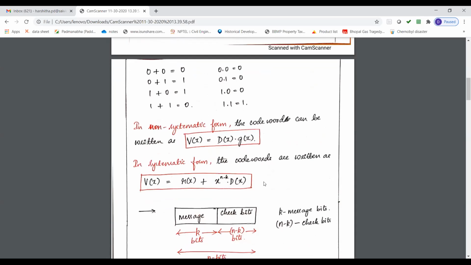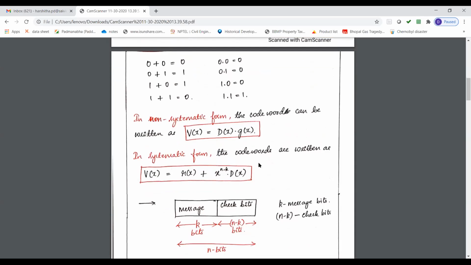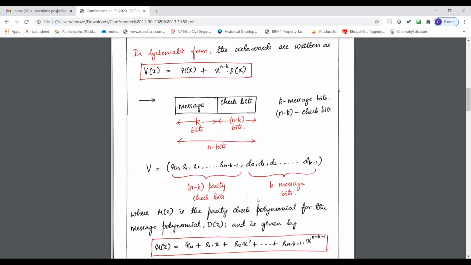In systematic form, the code words are written as v of x equals r of x plus x to the power of n minus k into d of x, where r of x is the remainder, d of x is the message, and x to the power of n minus k mainly indicates the check bits. You will understand this in the upcoming explanation.